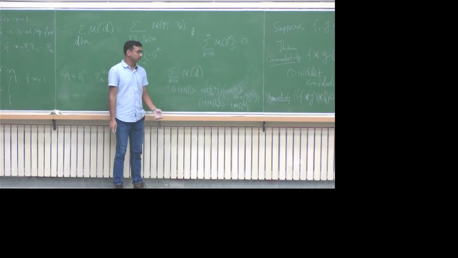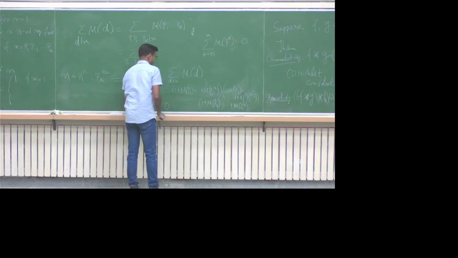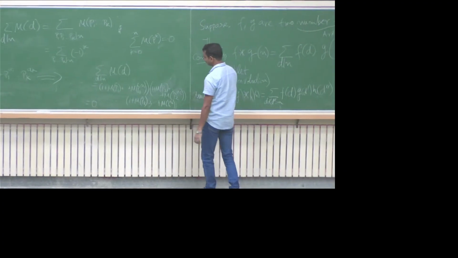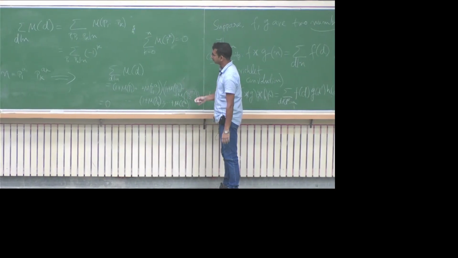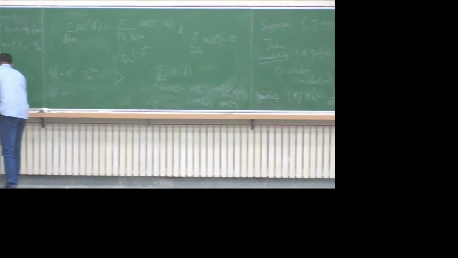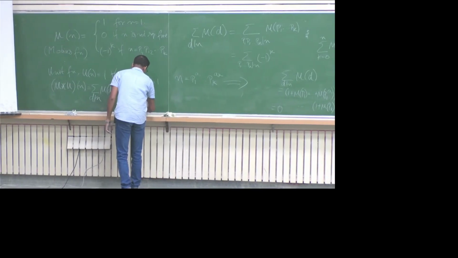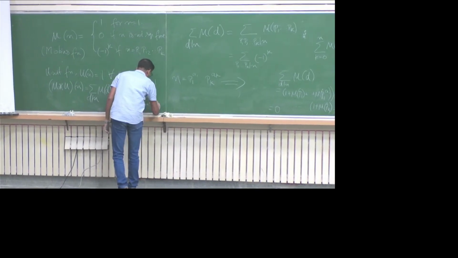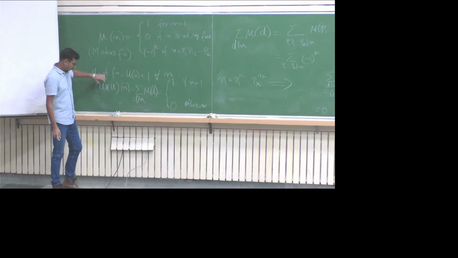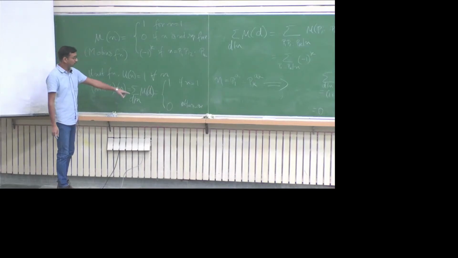So if we multiply, we find it to be 0. So indeed the sum of mu of d is equal to 0. So yes, as you identified, mu star u is indeed giving you the identity function.